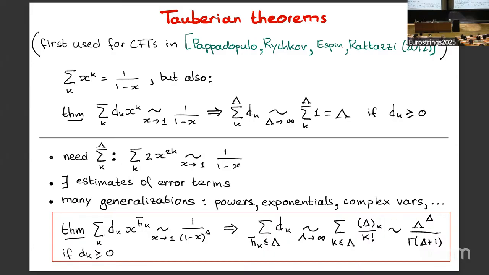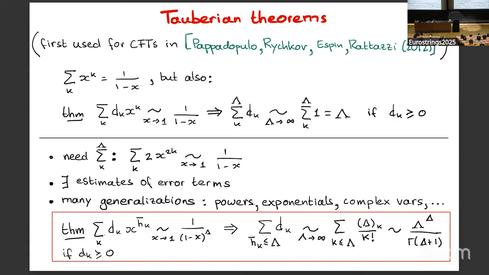There's a nice book by Jaap Korevaar, a Dutch professor who actually passed away earlier this year, that contains lots and lots of these Tauberian theorems. But it's a useful tool.